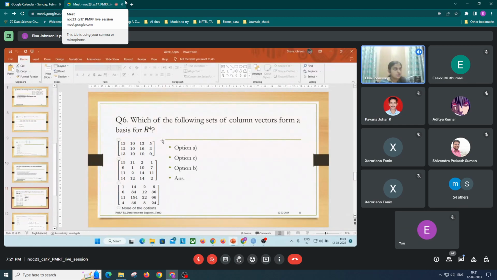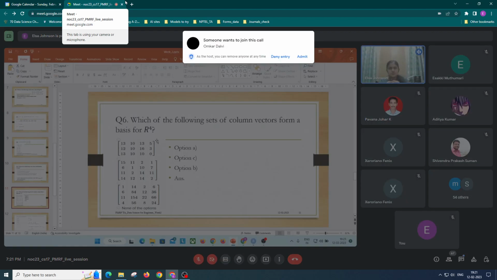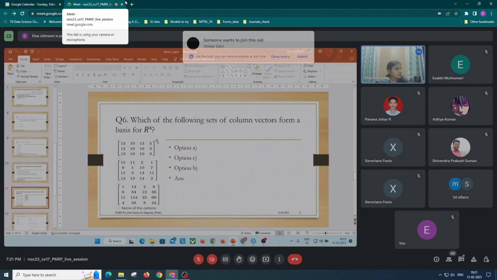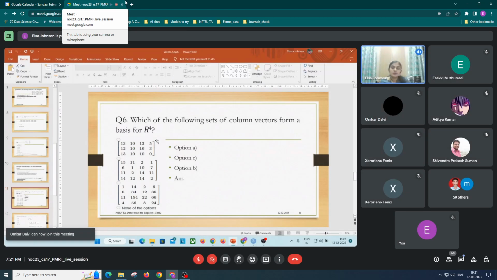Okay, so to form a basis of a matrix, first you have to remove redundant columns from the vectors, and all those vectors which you will be forming should be linearly independent.